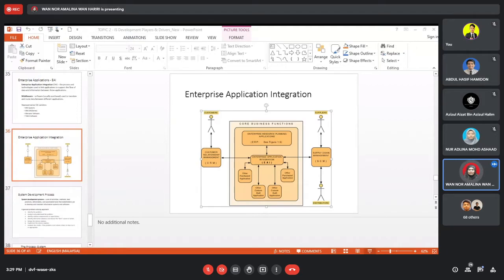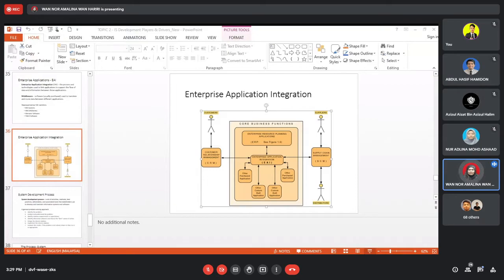In design, you will have to identify alternative solutions and choose the best course of action. Normally, this is done by the top management. Then design the chosen solution, right? And implementation is to implement the chosen solution and also to evaluate the results. So this is what we will be doing, okay, for the course. All right.